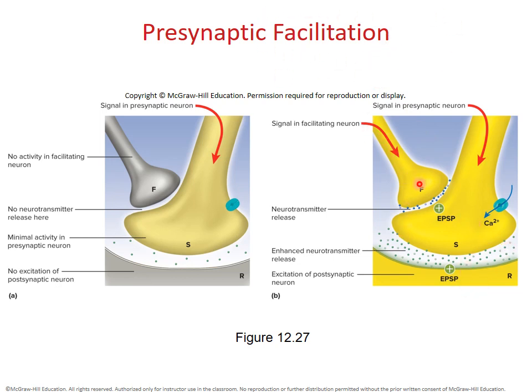This facilitating neuron has caused changes in the axon terminal, which has facilitated this synapse. In other words, made it more likely for this presynaptic cell to stimulate the postsynaptic cell. This is another aspect of neural integration. Again, how we regulate and control how interneurons especially communicate with one another.